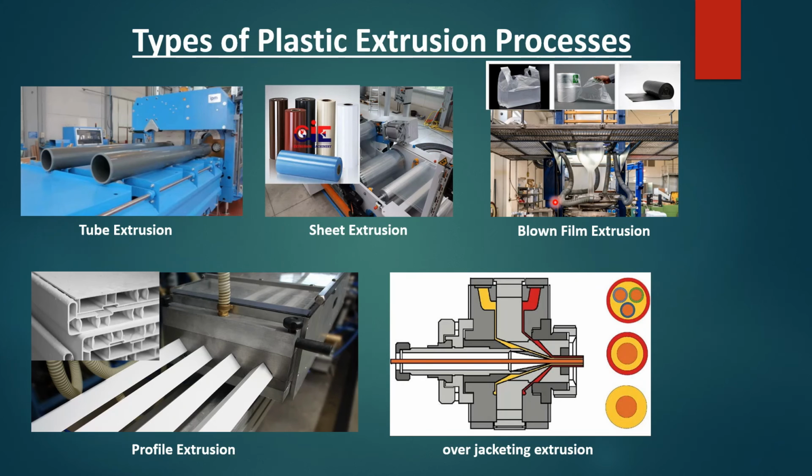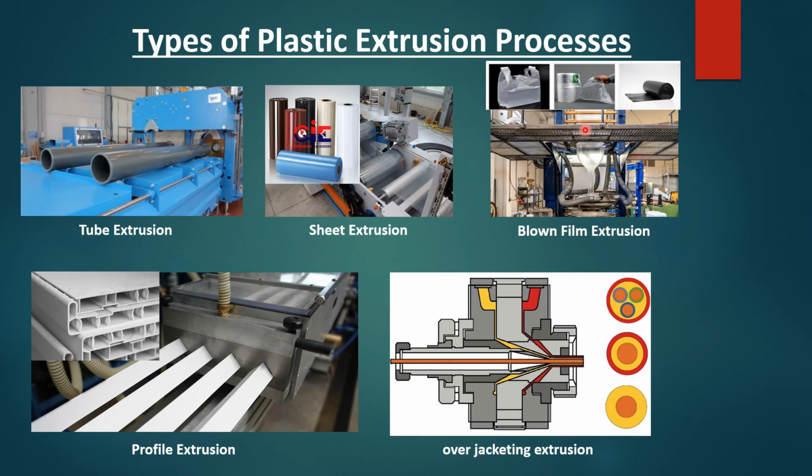Here you can see the different types of plastic extrusion processes, and these are dedicated to a variety of product manufacturing. In tube extrusion, we manufacture tubes and pipes. In sheet extrusion, we produce very thin film of plastics, and sheets also. With blow film extrusion, we can create packaging products and packaging sheets like this.